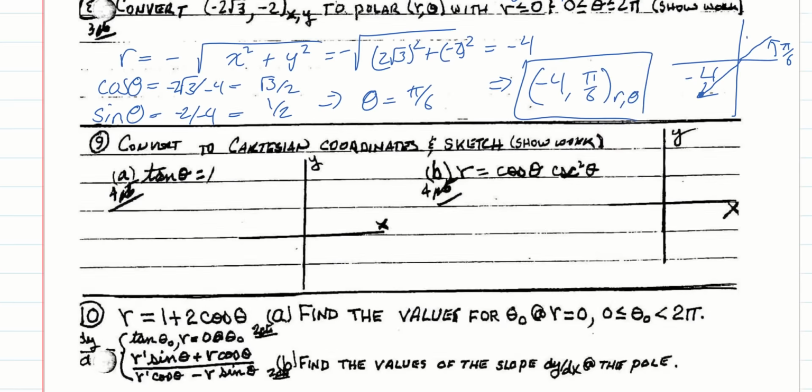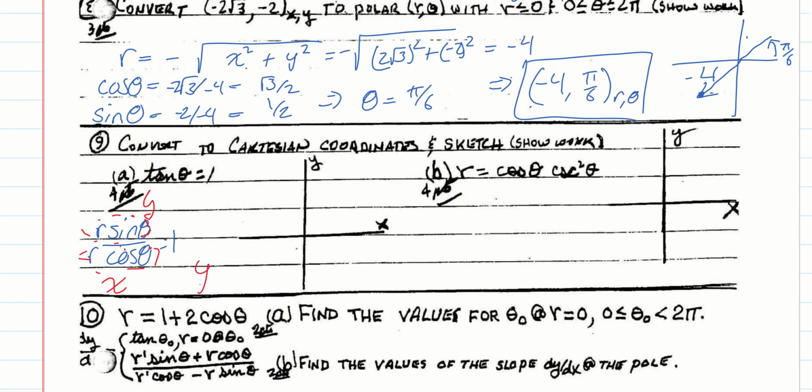So this next one, we have: convert to Cartesian coordinates and sketch. Show your work. All right, so tangent theta, we know the relation there can be sine and cosine, so I'll say sine theta over cosine theta equals 1. But then I can also put r's here, and now this becomes y over x.